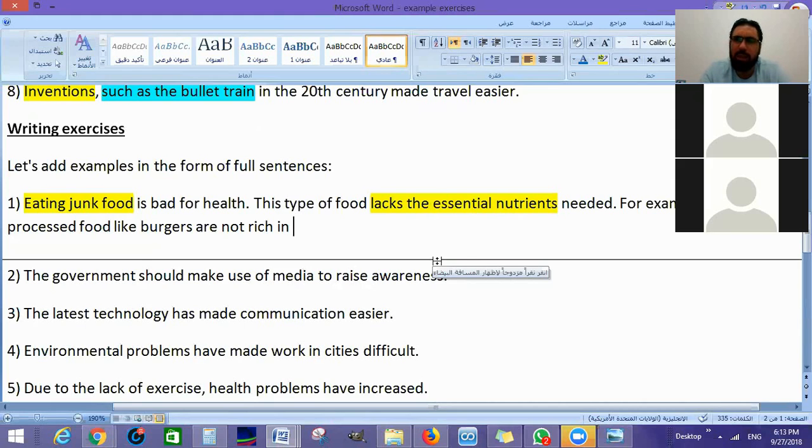I don't think there are many vitamins in processed food. We do have quite a lot of minerals. We could say maybe essential fatty acids.